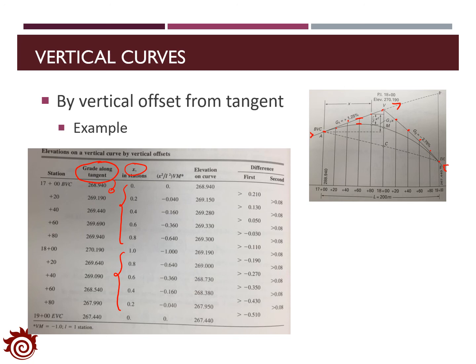And then we can use the equation y prime equal to 4x squared divided by L squared times Vm, which is the fourth column here, with little l equal to half capital L.